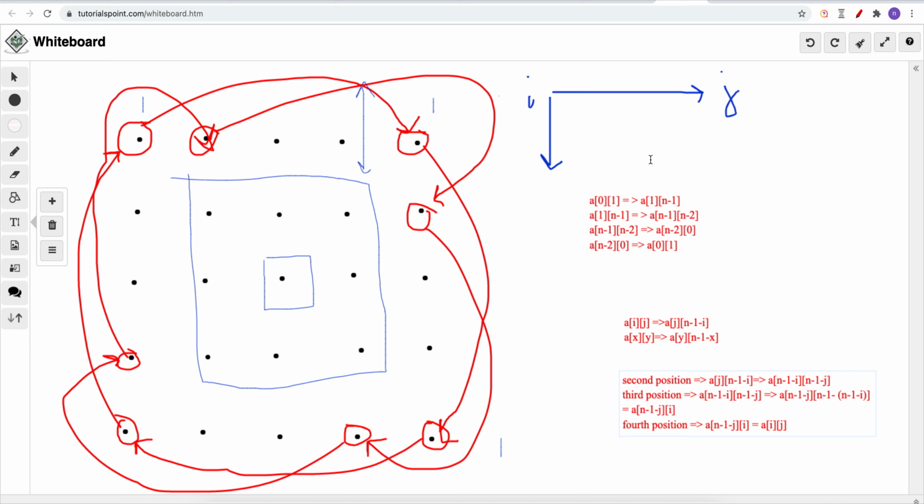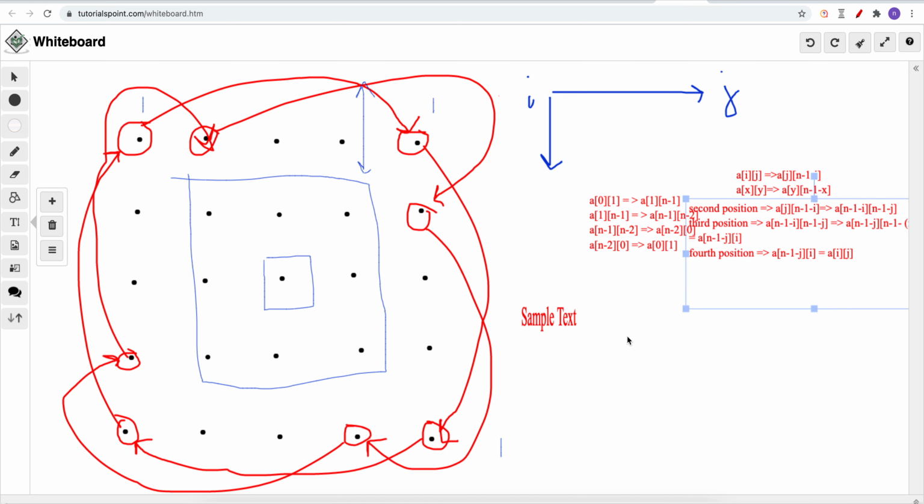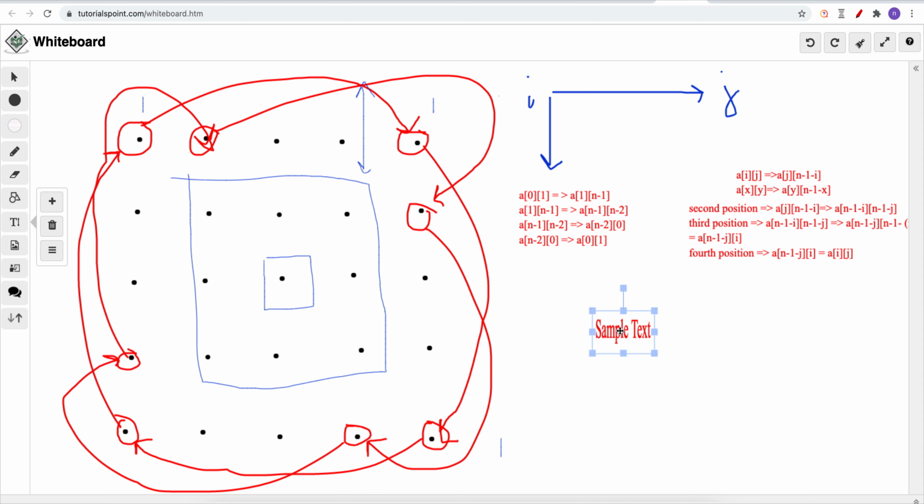So we can write the code now. How does the pseudocode look? The pseudo algorithm: int i equal to 0, i less than n, i plus plus.